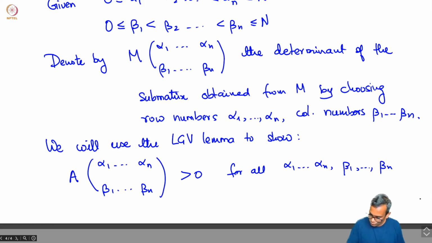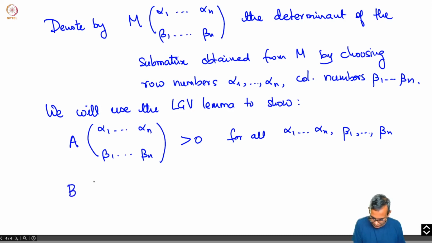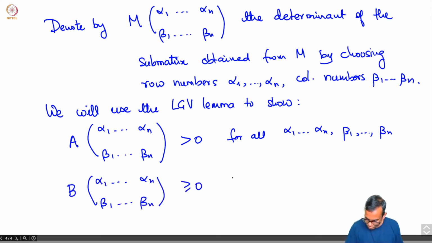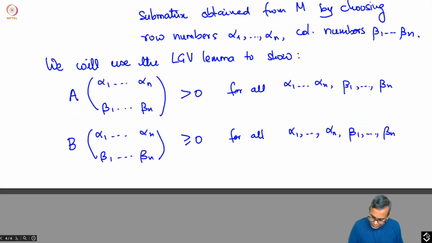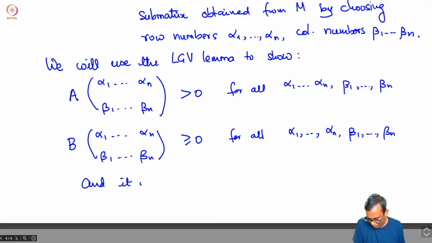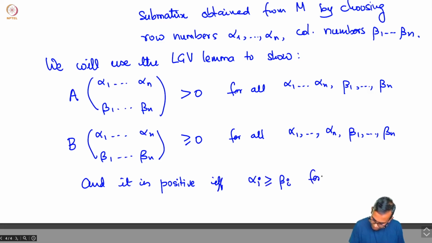And we will also show that if you take the Meru prastaara, B(alpha_1, ..., alpha_n; beta_1, ..., beta_n), then this is greater than or equal to 0 for all alpha and beta as above, and it is positive if and only if alpha_i is greater than or equal to beta_i for i going from 1 to n. And otherwise it's going to be 0.